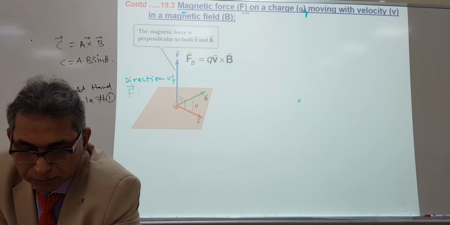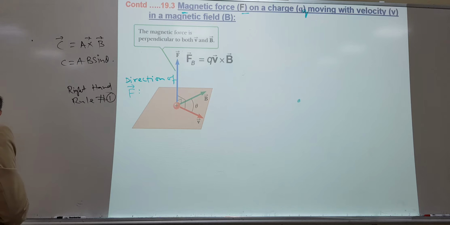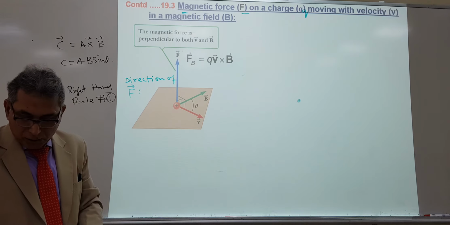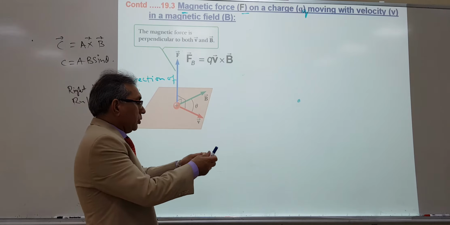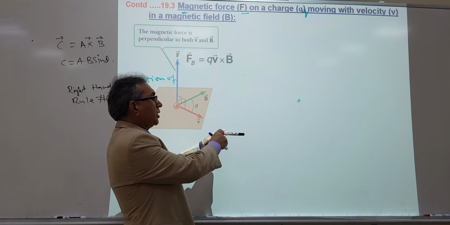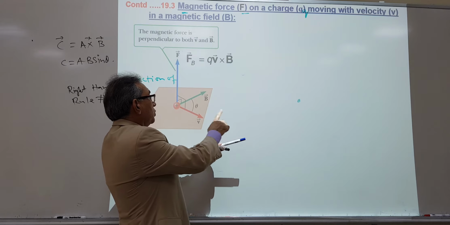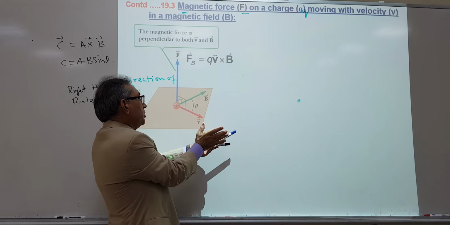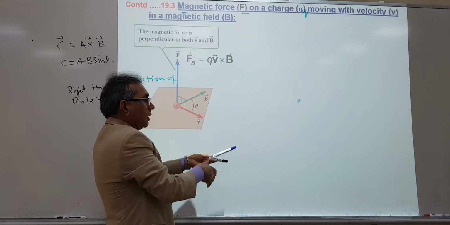So what is the rule? The rule says, if you think that this is the velocity, the positive charge is moving in this direction, and this is the direction of the magnetic field. So move your right hand from the first vector V, velocity, to magnetic field B. In this case, it is up, right?